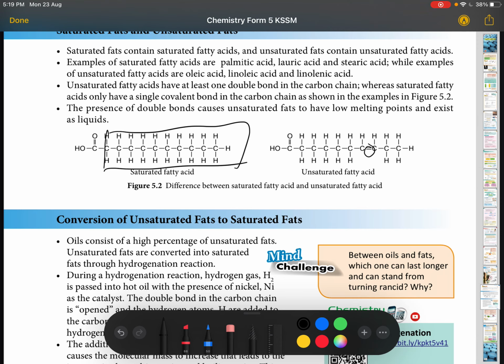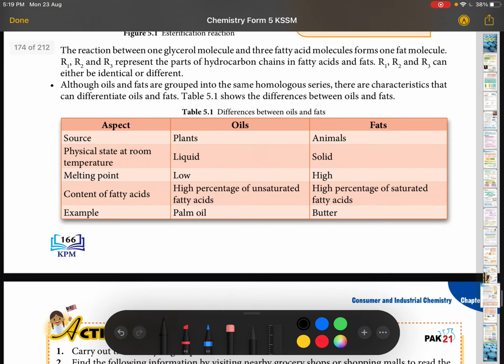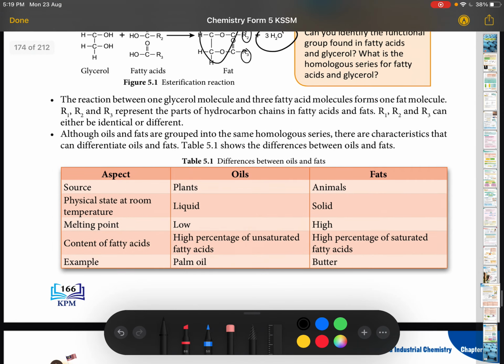Normally, if you have unsaturated bonds, it means that it will have a low boiling point and a low melting point. Because it has a low melting point, oils are liquid at room temperature. The reason they have a low melting point is because they are mostly unsaturated fatty acids.